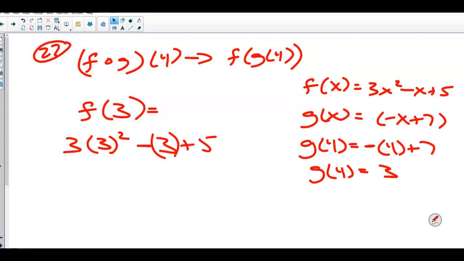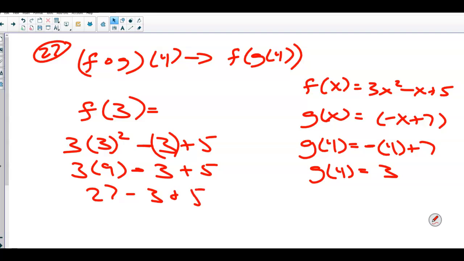You should probably put that in here. So the 3 squared is 9. So 27 minus 3 plus 5. And this is all what f of 3 is equal to. My f of 3 is going to equal 24, and 5 is 29.